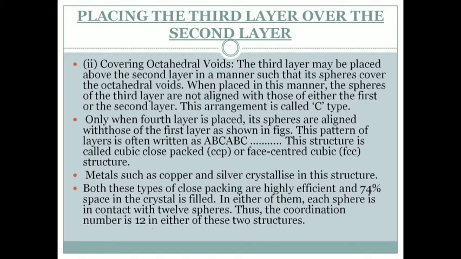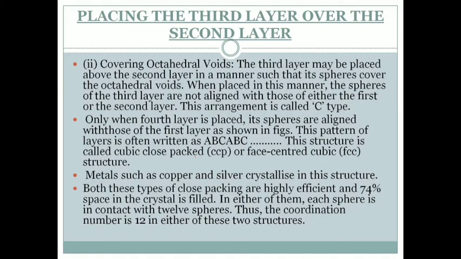Then covering octahedral voids, the second possible way: the third layer may be placed over the second layer in a manner such that the spheres cover the octahedral voids. When placed in this manner, the spheres of the third layer are not aligned with those of either the first or the second layer. This arrangement is called C-type.